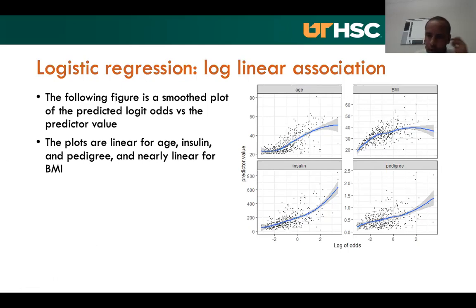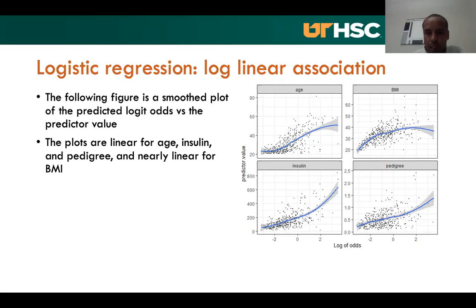When we say the log odds, we mean the natural logarithmic odds of the outcome, which means logarithm with a base of 2.72 instead of 10.